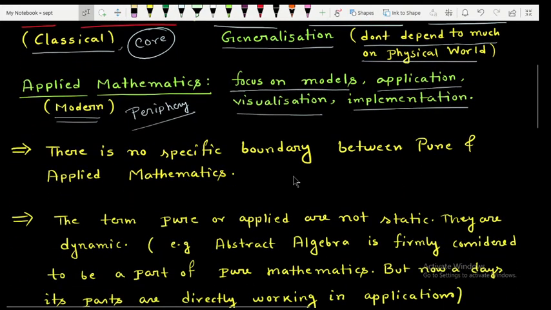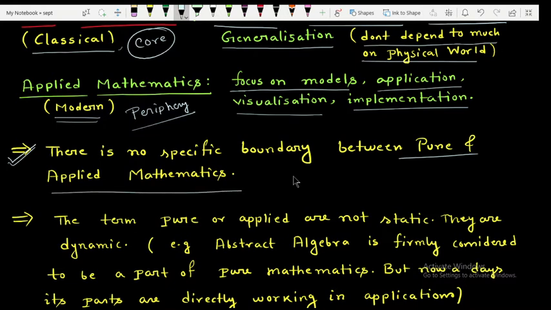Now it is a true fact that there is no specific boundary between pure and applied mathematics. There are various arguments between mathematicians whether one topic should be included in pure mathematics or applied mathematics.